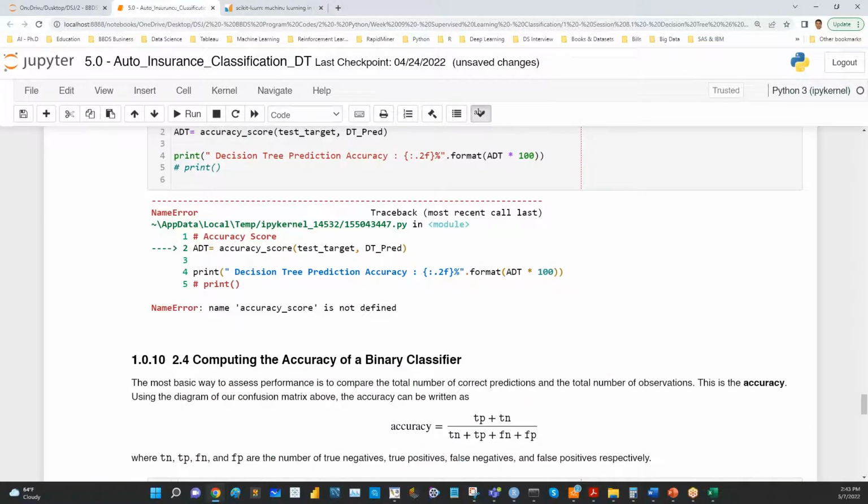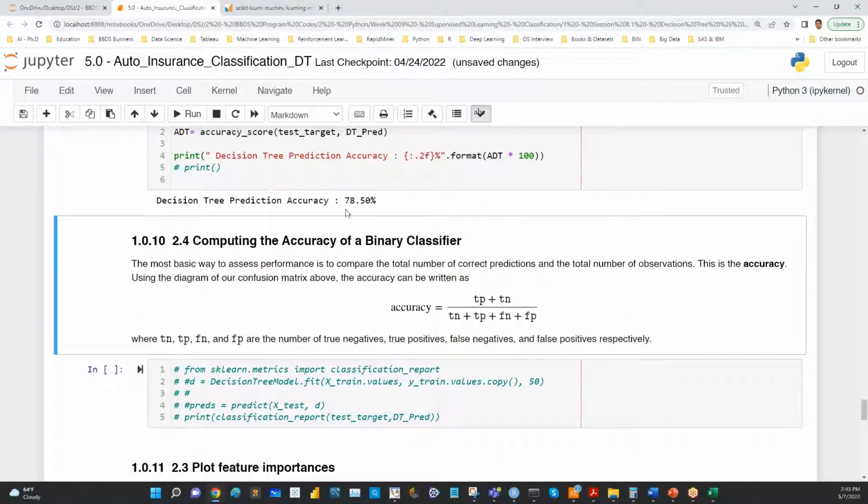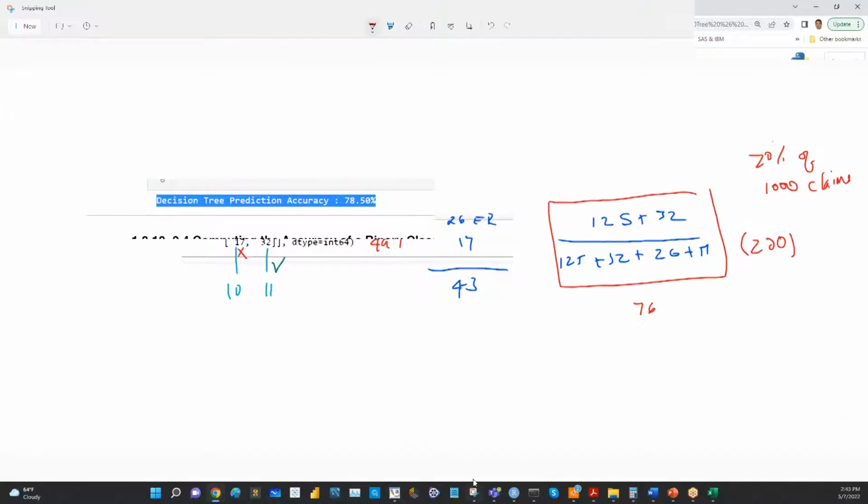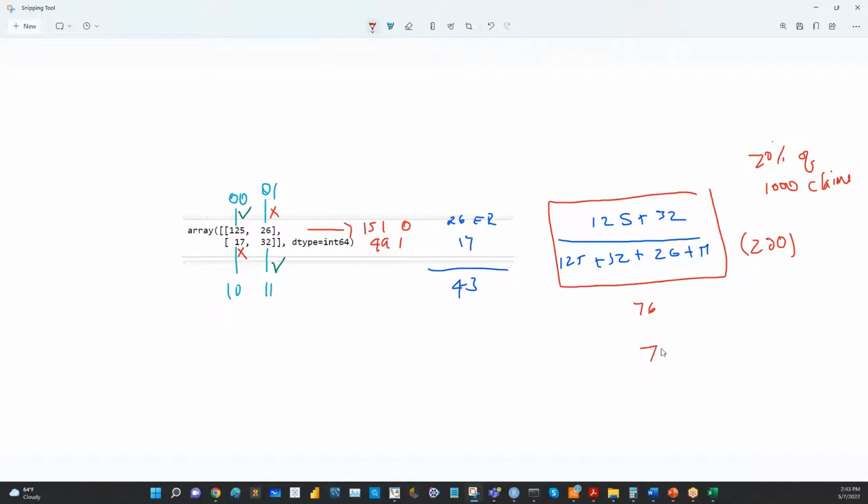Okay, let's take a look into the accuracy. 78.5. I was very close. 78.5%.